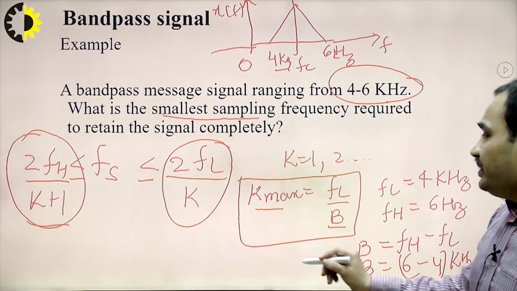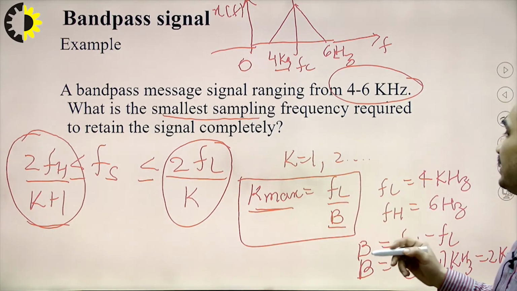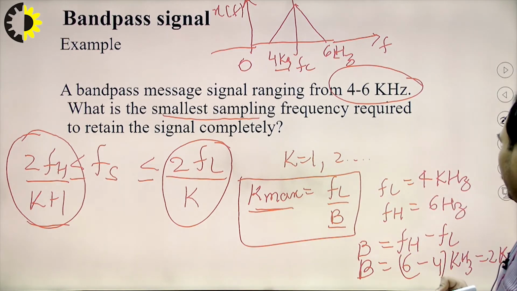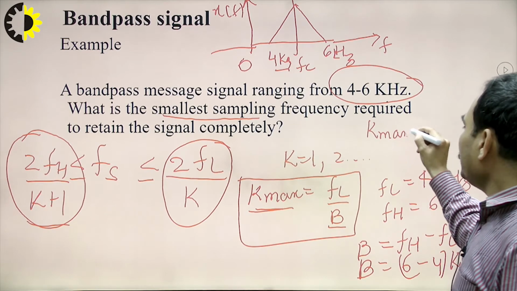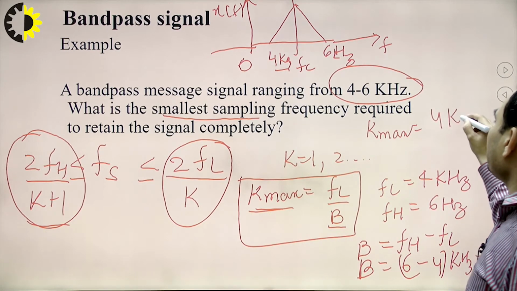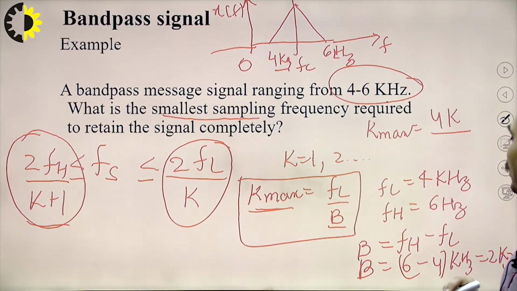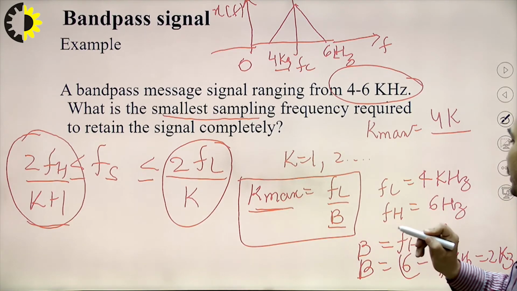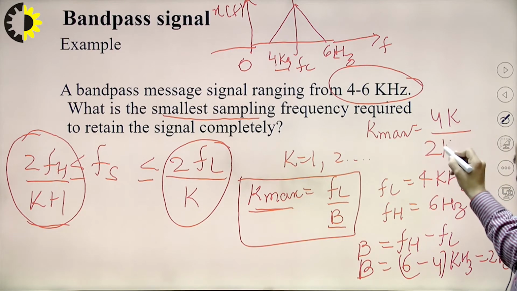So we have to find the maximum value of k, that is FL by B. FL is 4 kilohertz. So k maximum is equal to 4 kilohertz divided by B, the bandwidth, that is 2 kilohertz.